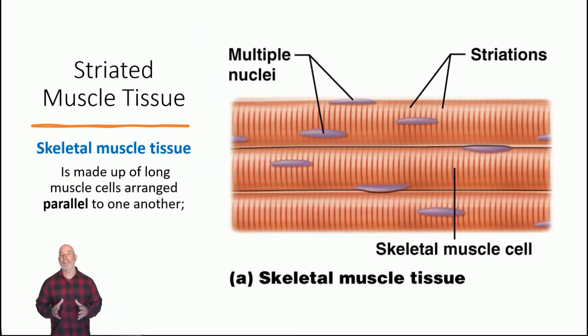Now the first one is skeletal muscle. This is also striated muscle tissue because of the structure of the myofibrils, which is an organelle inside of these muscles, and of course they're striated. So skeletal muscle is of course very long, and they're arranged parallel to each other. And you'll notice they also have multiple nuclei. That makes sense.